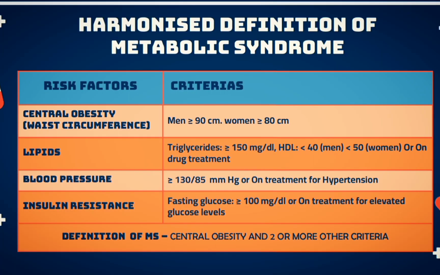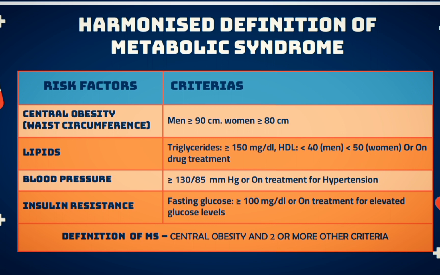Over the years, various organizations and associations gave different definitions of this metabolic syndrome, and in these various definitions, different risk factors were included, and the cutoff levels of these risk factors were also different.